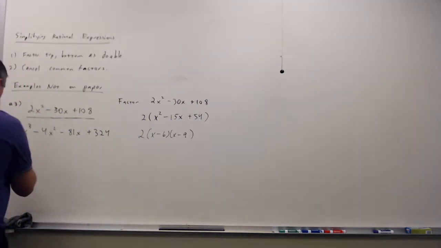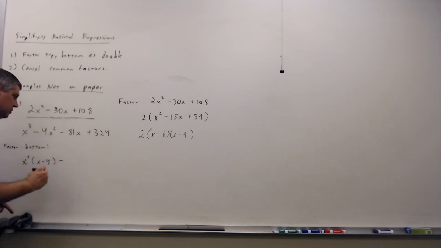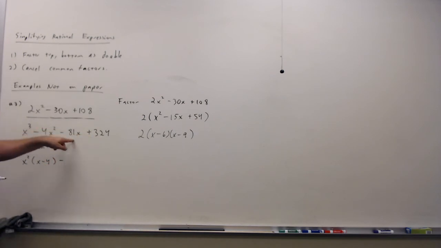Next, I will factor the bottom. So I can take an x squared out of these two terms. That gives me x minus 4. Third term is negative, take it out. They're both divisible by 81.